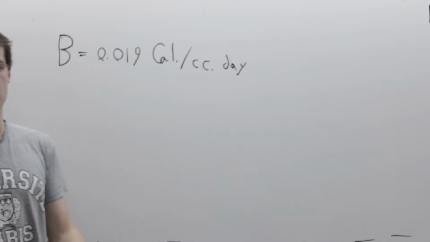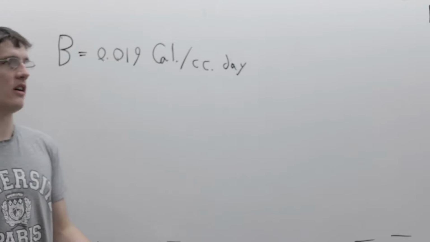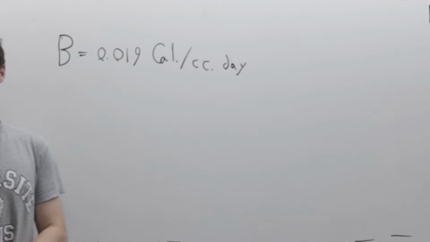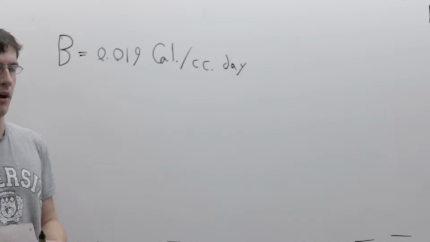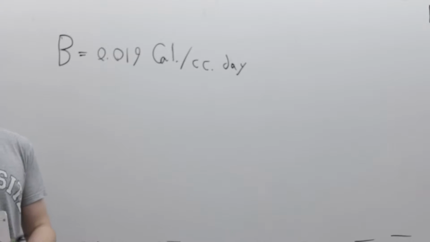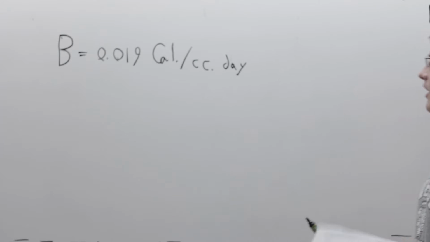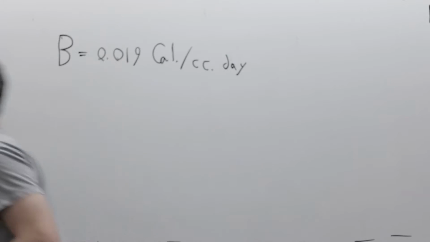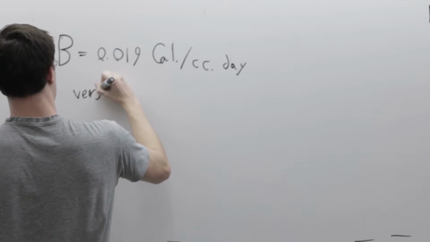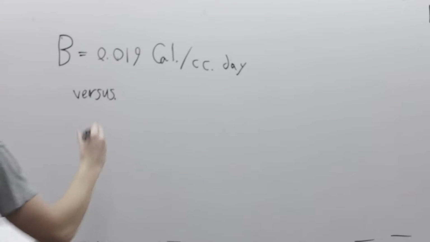Now, this differs from biologically determined results of how many kilocalories per day are needed to actually maintain blood levels and basically the function of the heart, which has been measured to be about 0.05 kilocalories per day per cubic centimeter of blood.